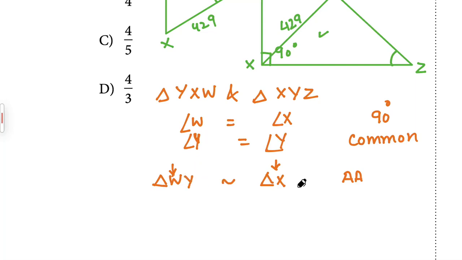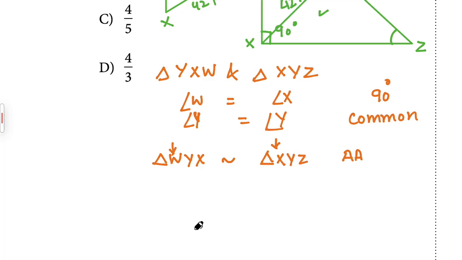Y is equal to Y, and in both the triangles it's at the second place, because placing is very important, how you are writing the similarity. It can make the question or it can break the question. Now what is the third left here? X. And what is the third left here? Z. These triangles are similar.